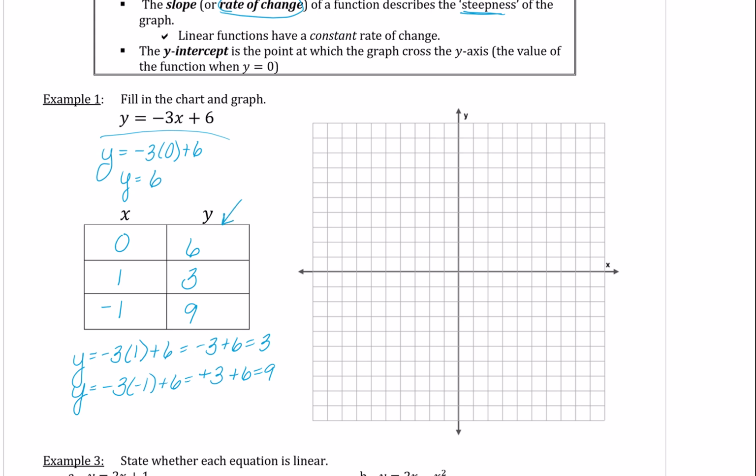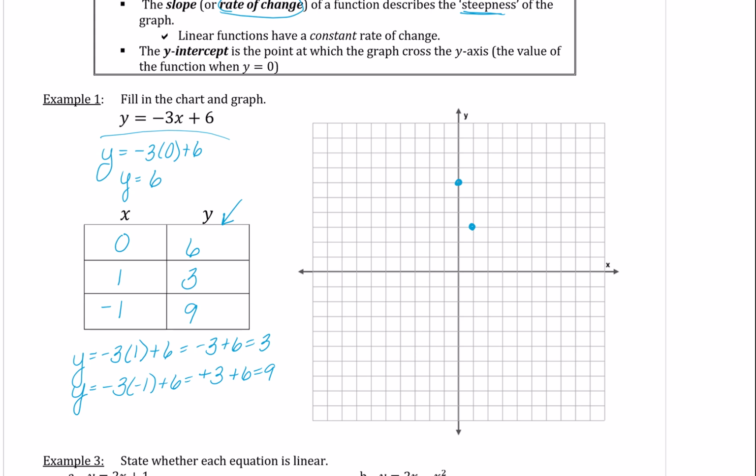Notice this is my y-intercept, because that's when x is 0. So (0, 6) is one point. (1, 3) is 1 on the x-axis, up 3 on the y-axis.